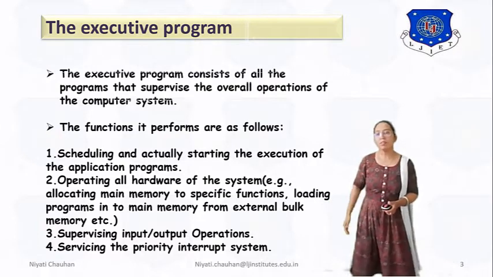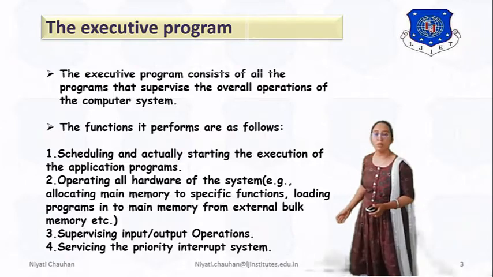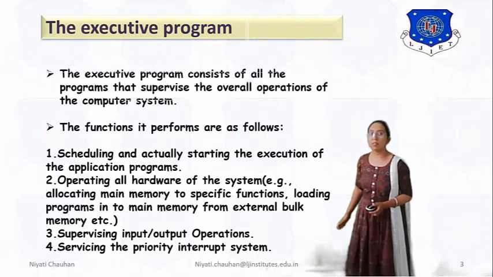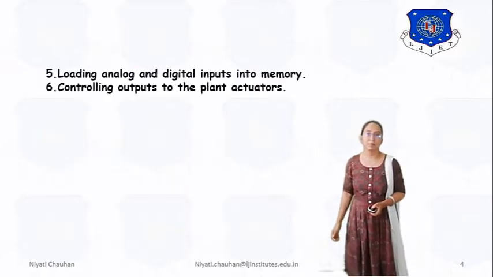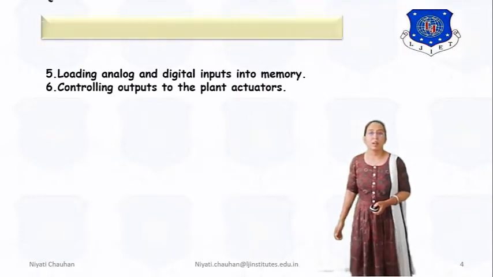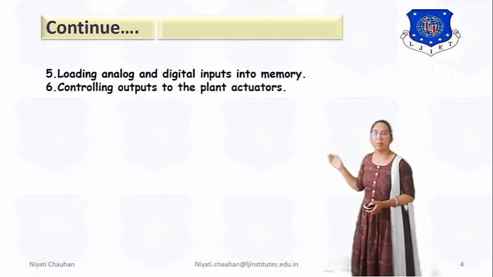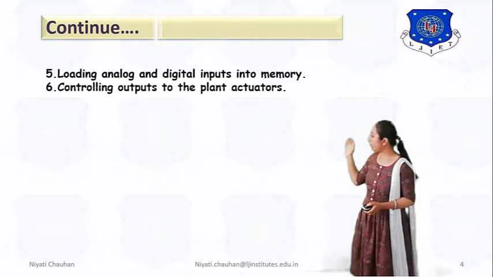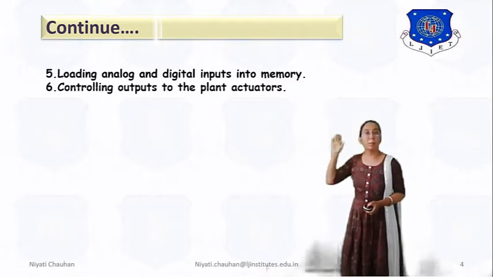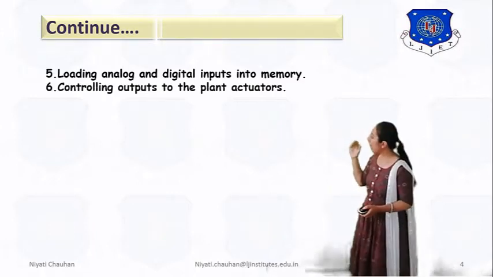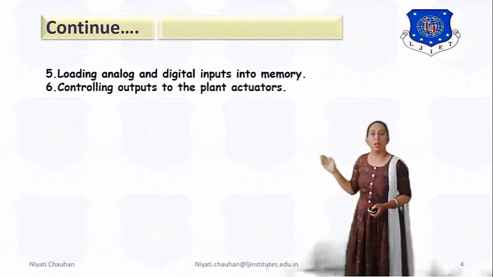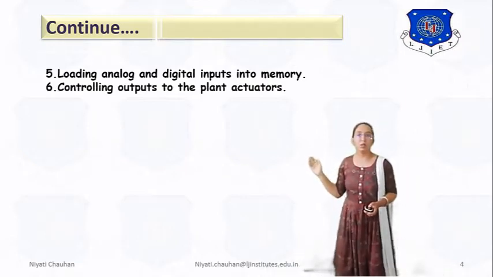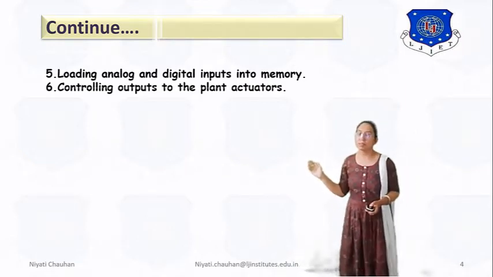Here we are understanding the priority interrupt system. Then number 5, loading analog and digital input into memory. And last, number 6, controlling output to the plant actuators.